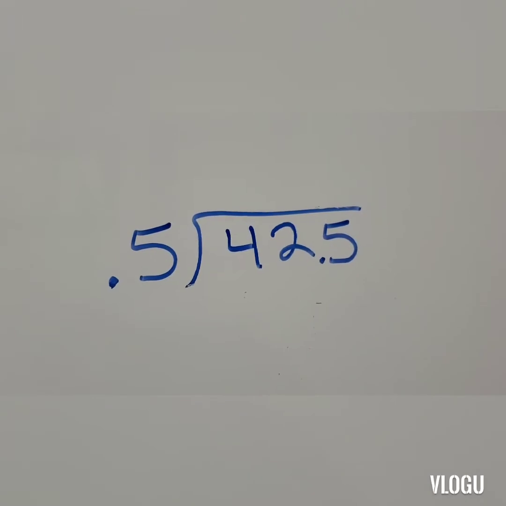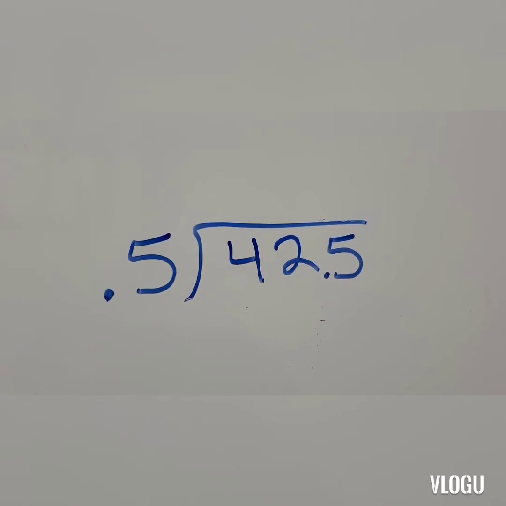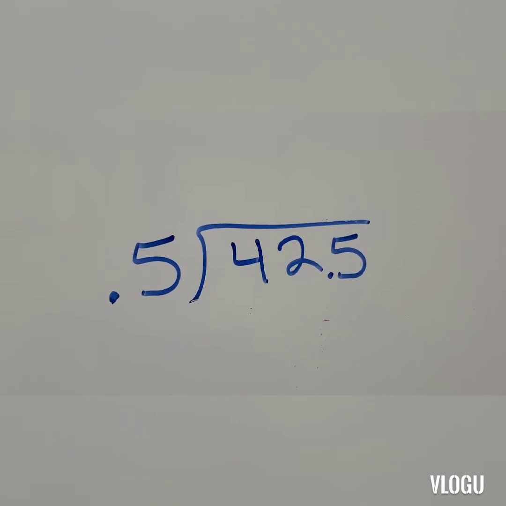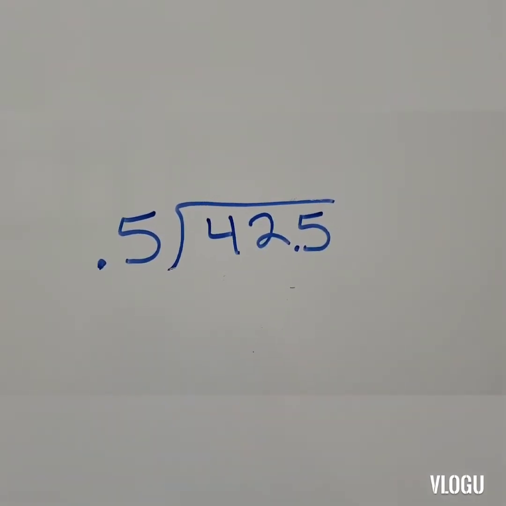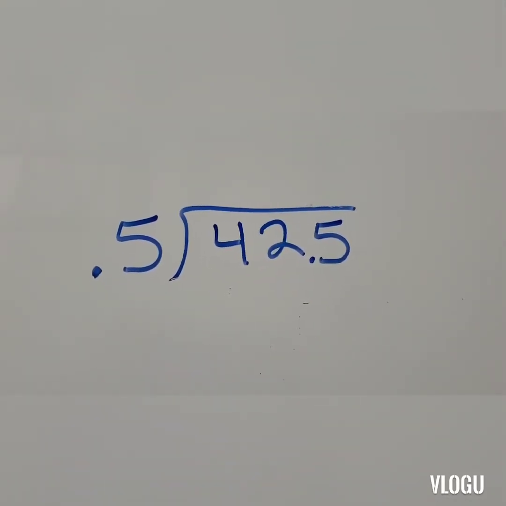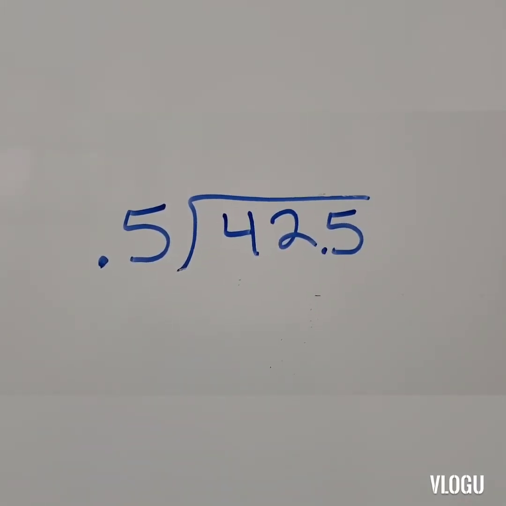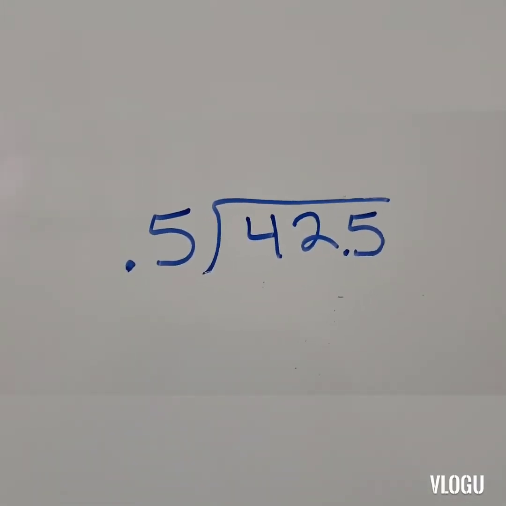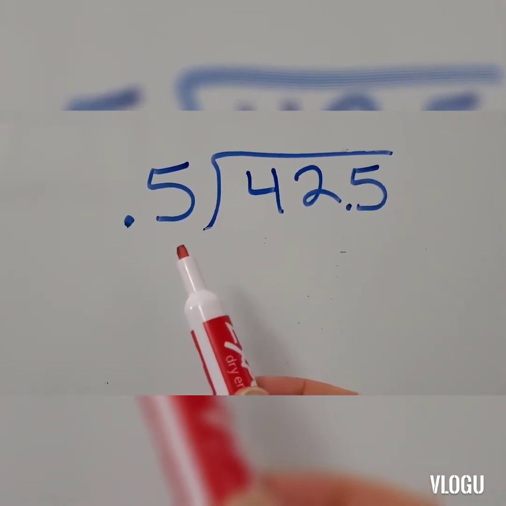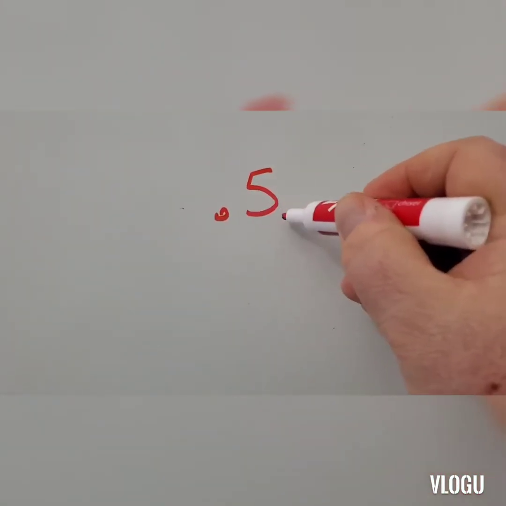Now here's the same problem, but instead of 42.5 divided by 5, it's 42.5 divided by 0.5, or 5/10. As I said with last week's video, I don't know my 5/10 facts very well, but I am pretty good with my 5 facts. So I'm going to want to turn this into a 5 instead of 5/10.